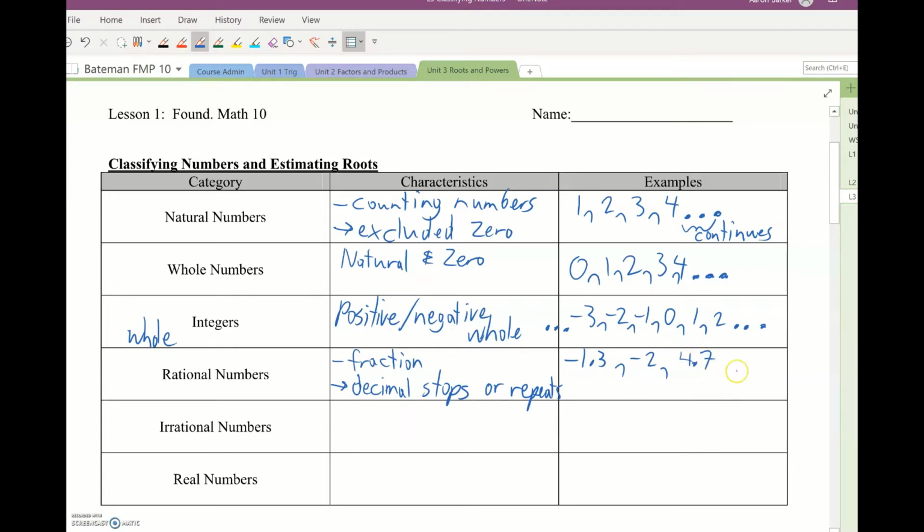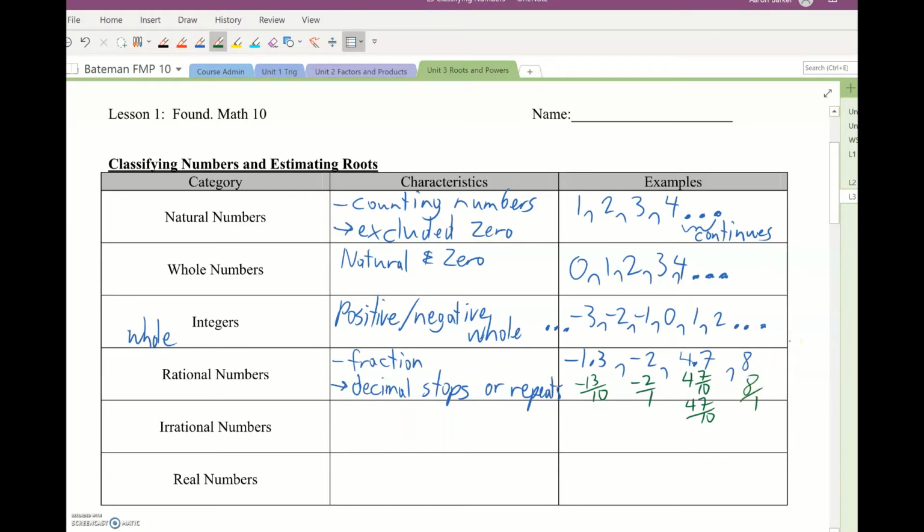You can make them fractions: negative 13 over 10, which you saw last year in grade 9, negative 2 over 1, and 4 7/10, or 47 over 10, your choice. Something like 8 as a fraction is 8 over 1.